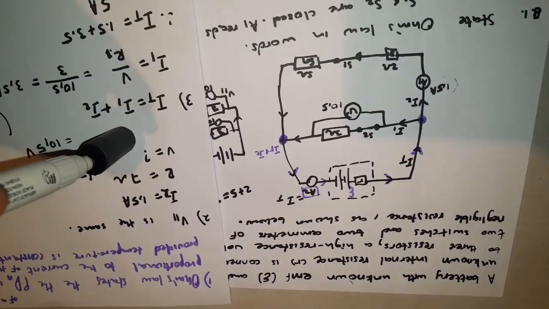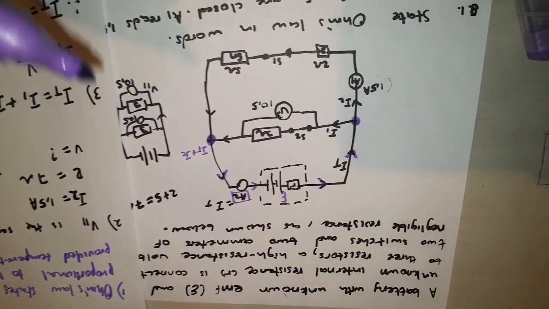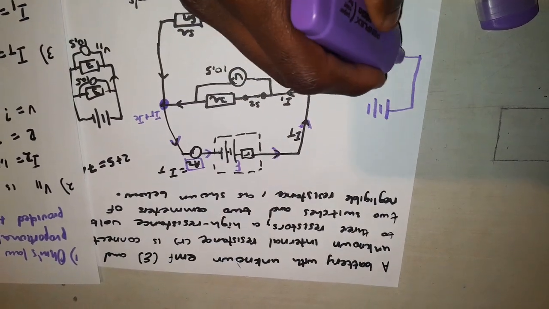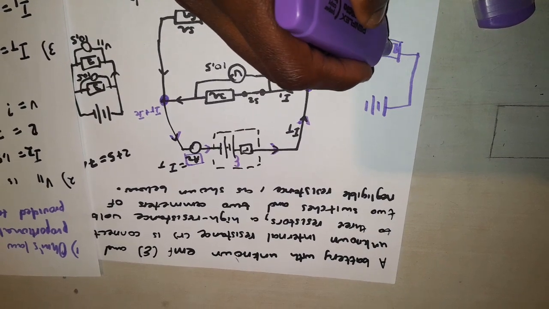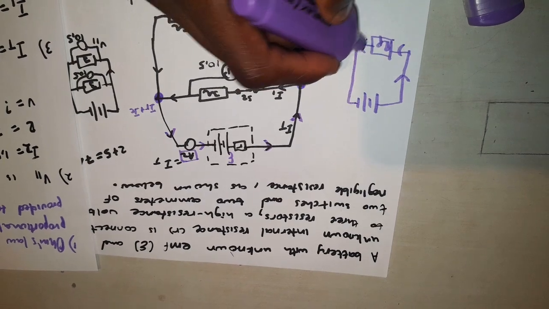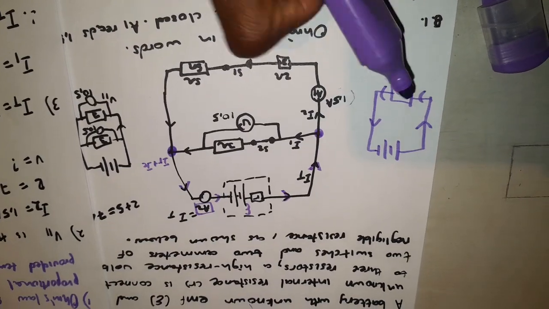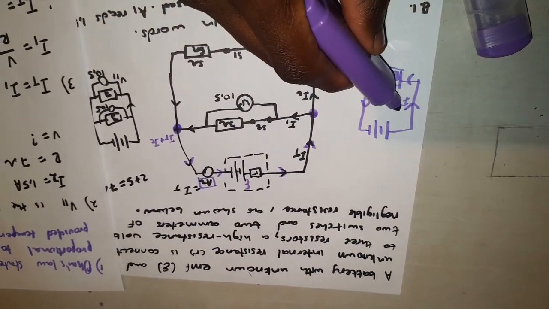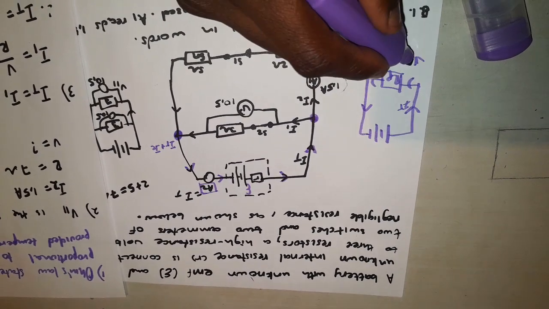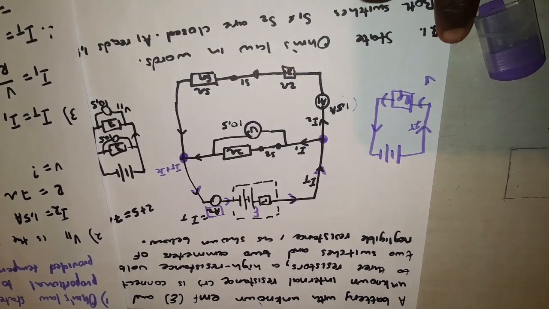Now we must find our R parallel, and we just use the total R parallel, the total current, and also the total voltage, which is the external voltage.